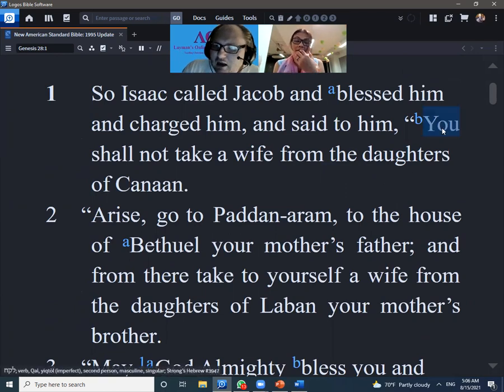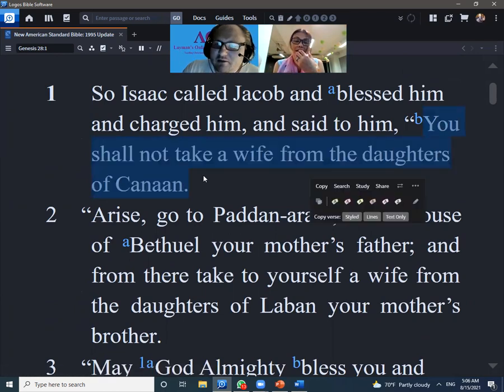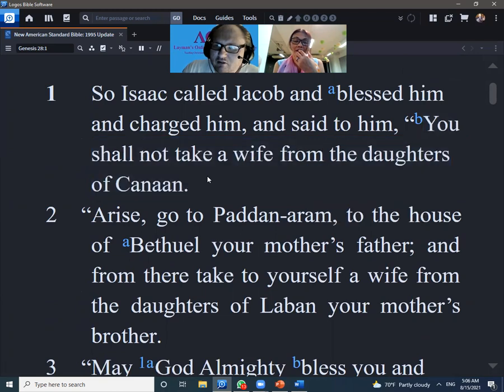Even though this is the promised land, you got to remember what God told Abraham, that they won't be able to possess the land until 400 years. So even though Canaan is the promised land, it's full of pagans, people that will be a bad influence on Jacob. And so God sends him out of the land because it's not the right time. God is saying, I'm going to give you this land, but it's not the right time.